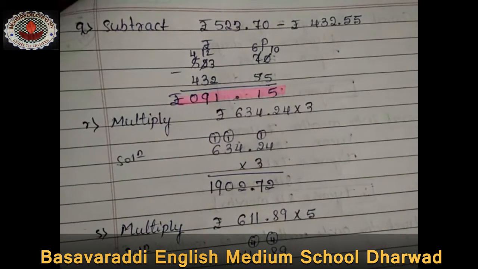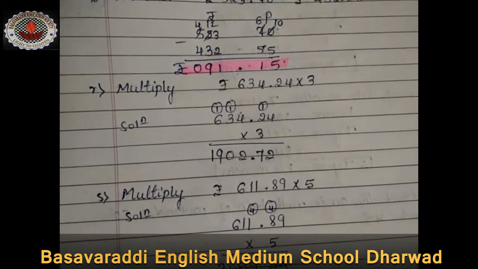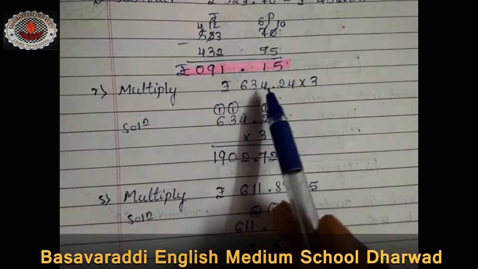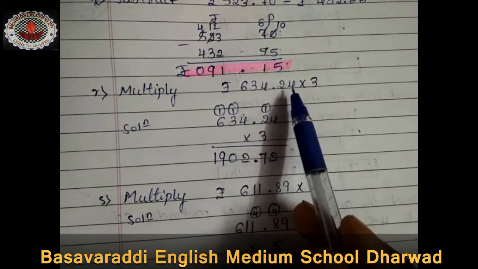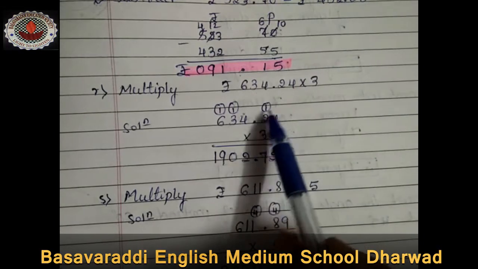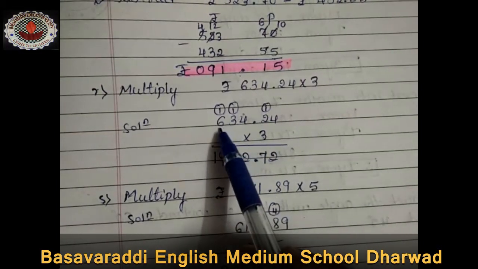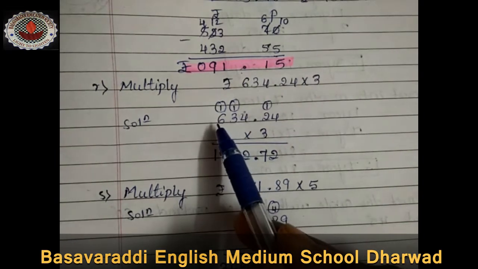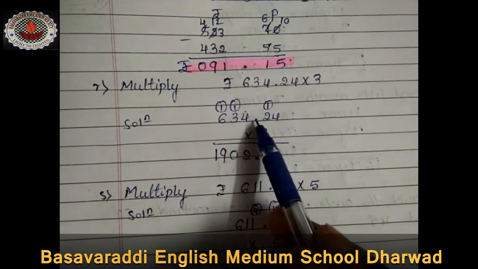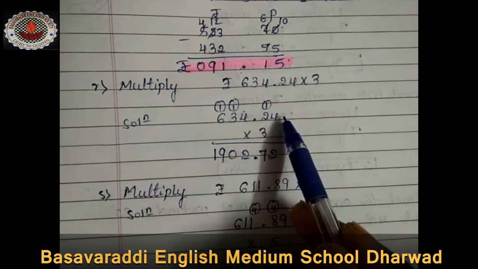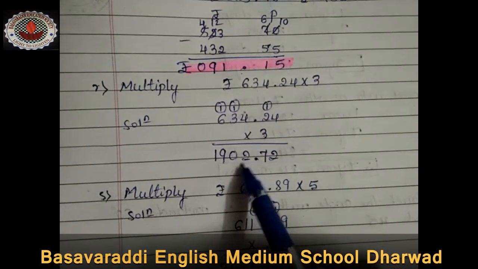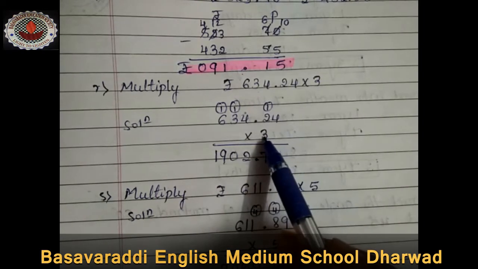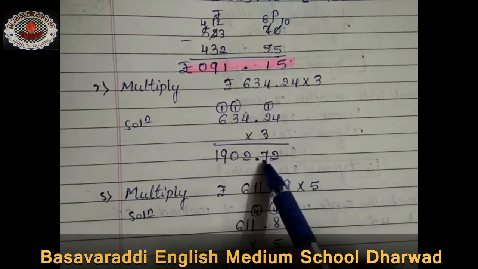Next our question is multiply. Rupees 634.24 multiplied by 3. So write 634.24, it is the multiplicand, 3 is the multiplier. So 3 4s are 12, 1 carry over, 3 2s are 6 plus 1 is 7.